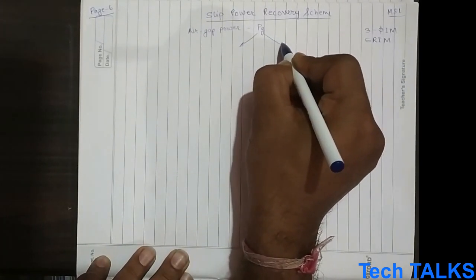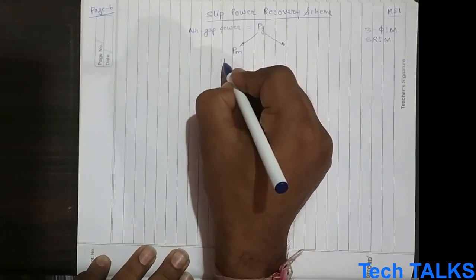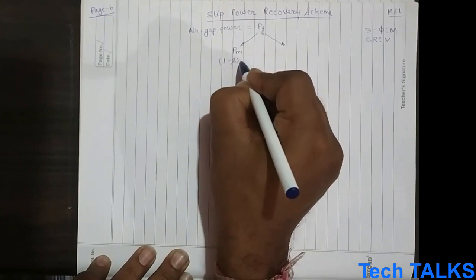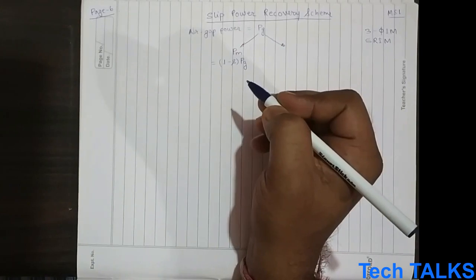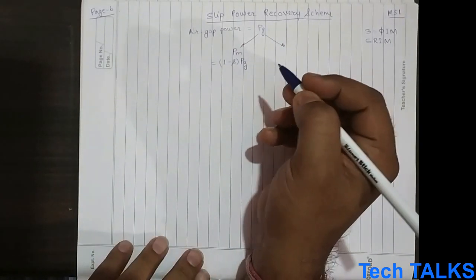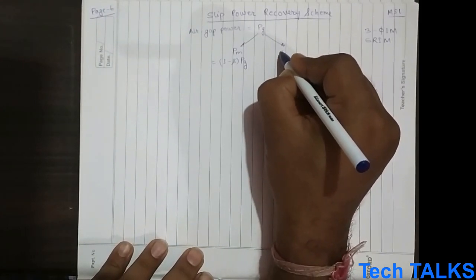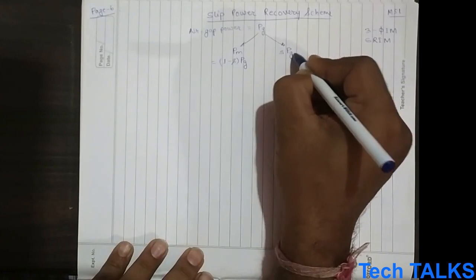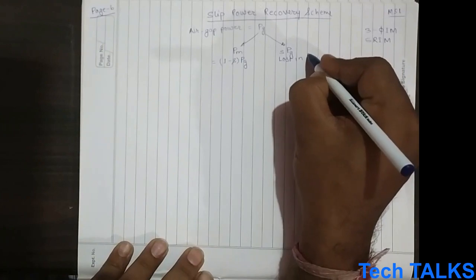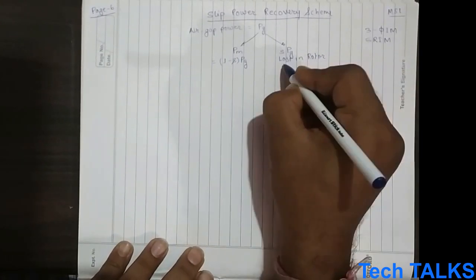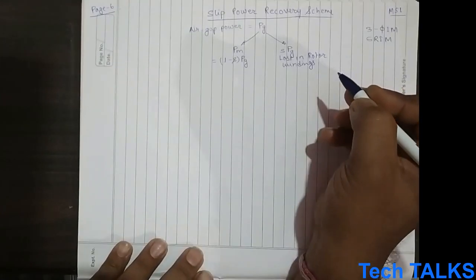One is converted to mechanical power PM, that is (1 minus S) PG, and the other part is lost in the rotor winding, that is S PG, the rotor power.